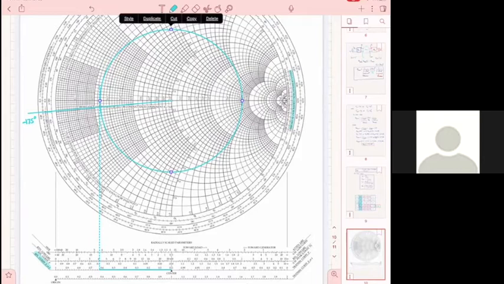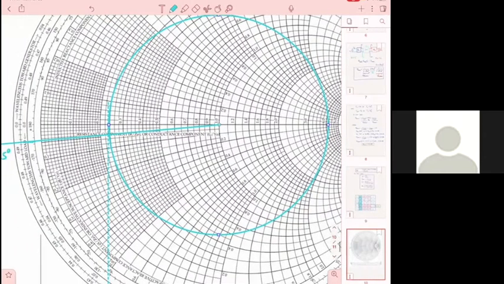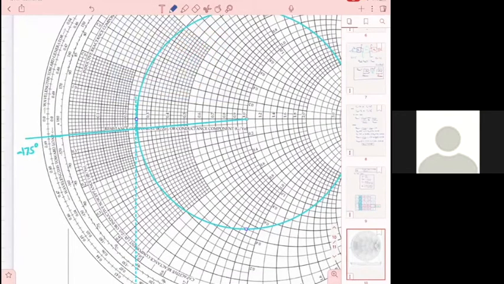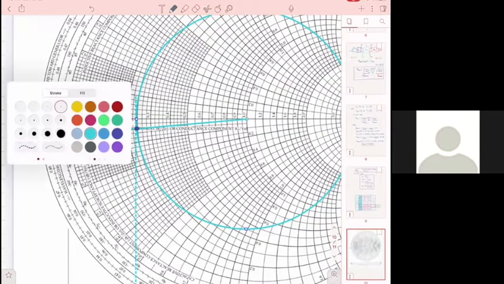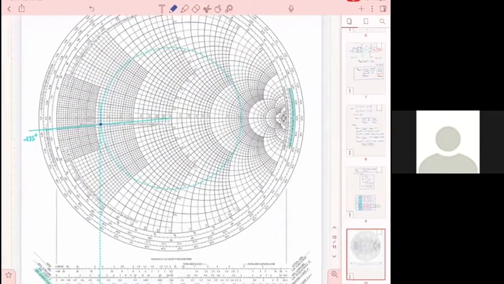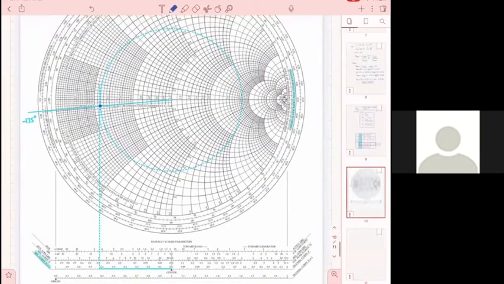Something like this. So then I'm looking where this circle intersects the minus 175 line, and I find this point. Well, for the circle of radius, for the C, we should use the intersection of the magnitude vertical line and the phasor line as the center.